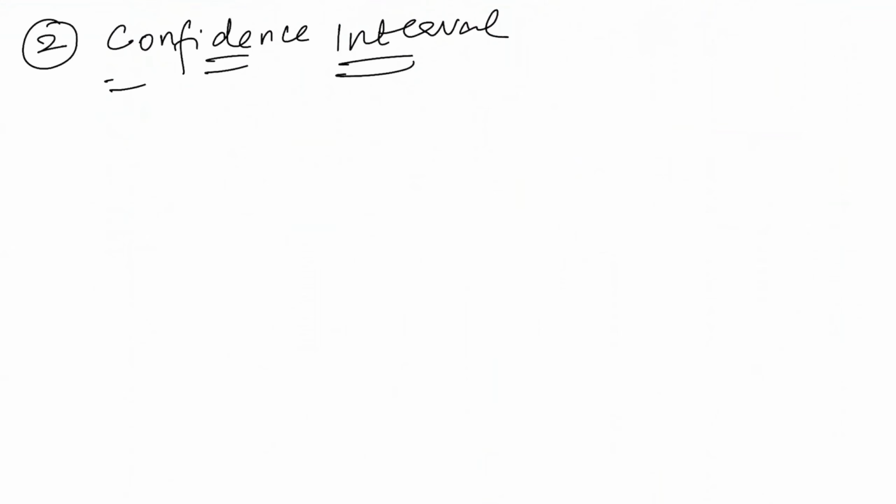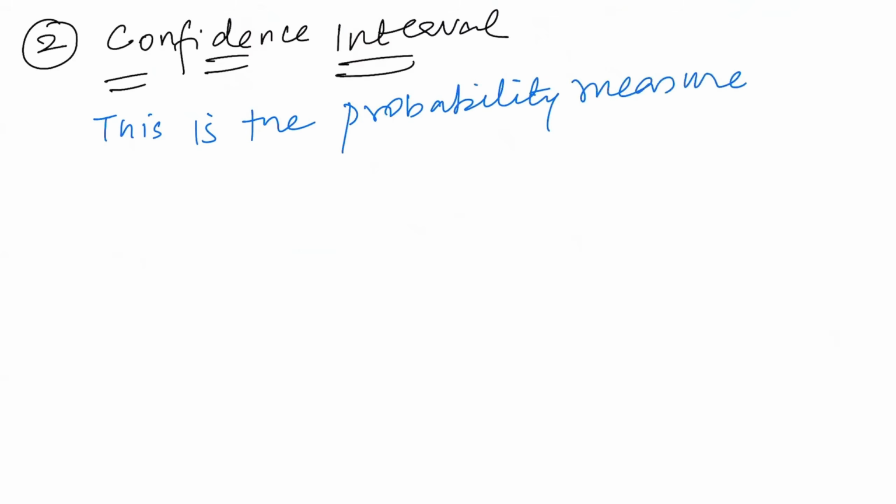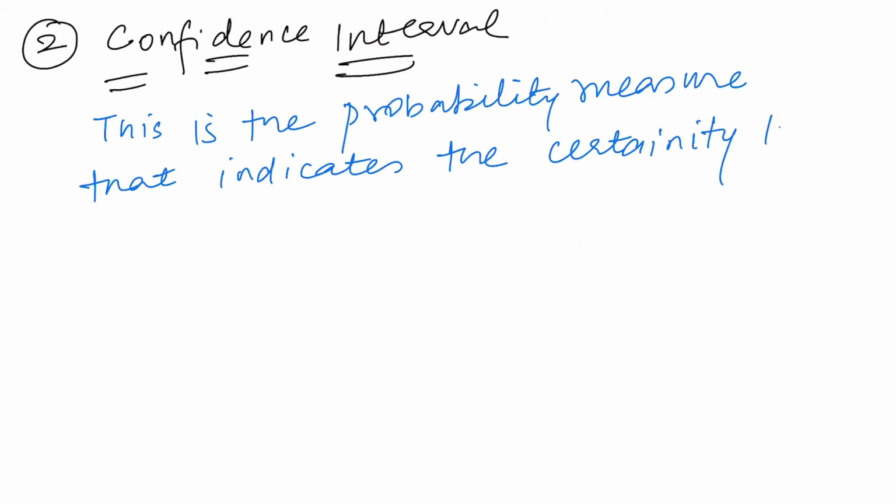As we have studied in your statistics class, it's basically a probability measure that indicates the certainty level with which the results can be expected.